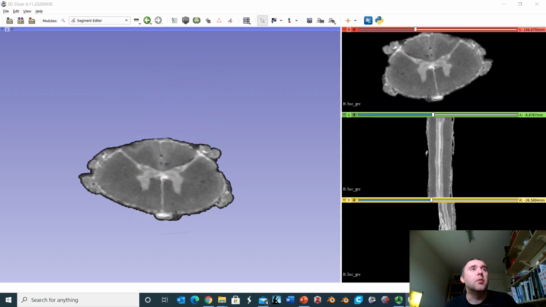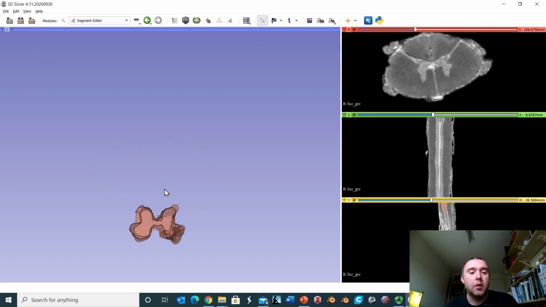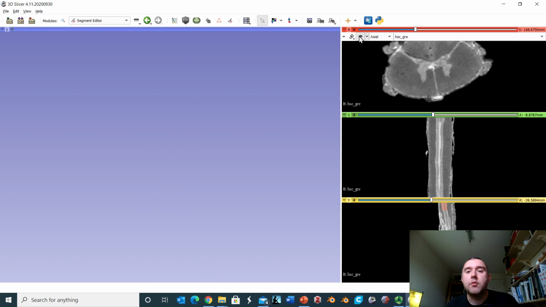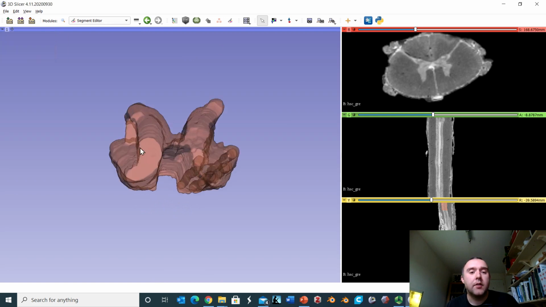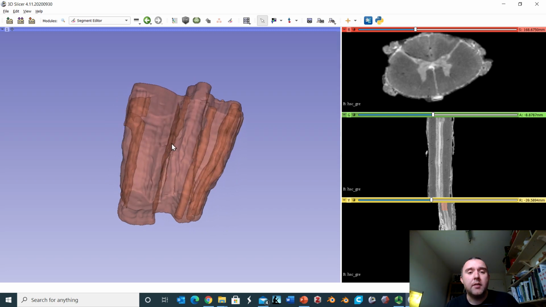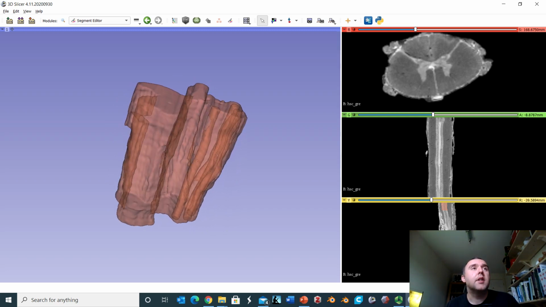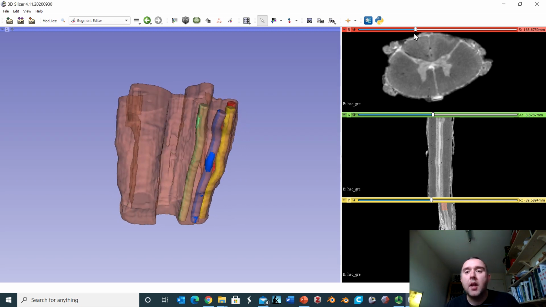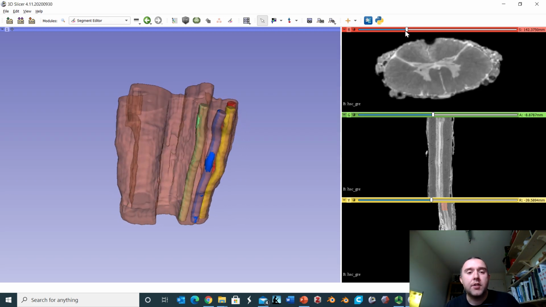Now the lumbar cord, I've prepared this in a slightly different way. So let me bring up the model of the lumbar cord. Oops. So I just need to switch off that and centralize this so we can rotate it. So what I've done here with the lumbar cord is I have rendered it semi-transparent, and you'll see why that's the case shortly.